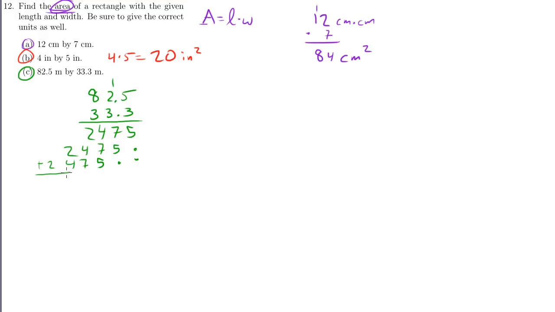And we add this all up. 5, 2, so that makes 5, 12, 17, 3, 7, 14, 3, 7, and a 2. 2 decimals, 2,747 and a quarter meters squared. Great.